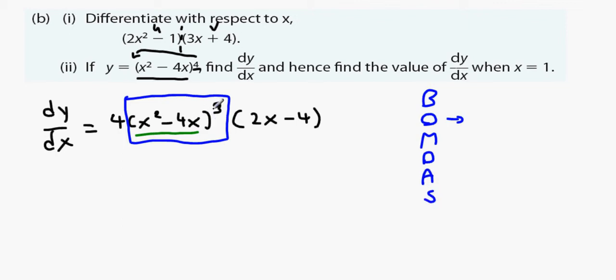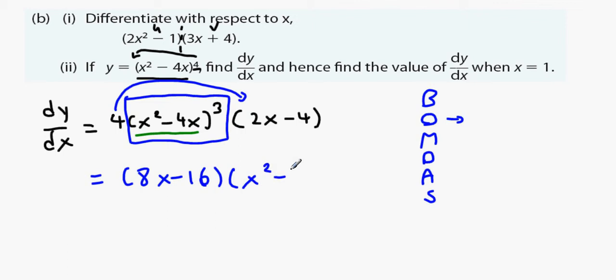So what we can do is multiply the 4 by the 2x minus 4, and that answer would be 8x minus 16 into x squared minus 4x cubed.